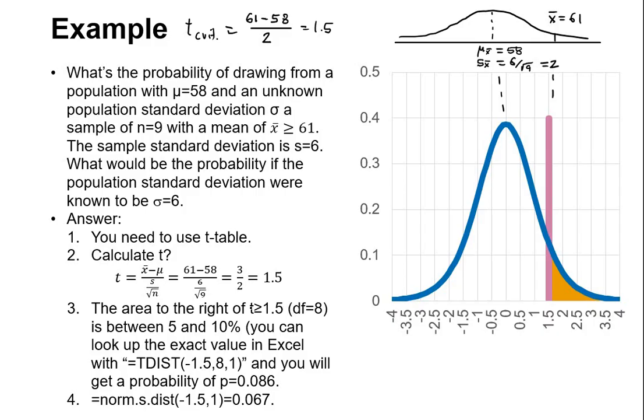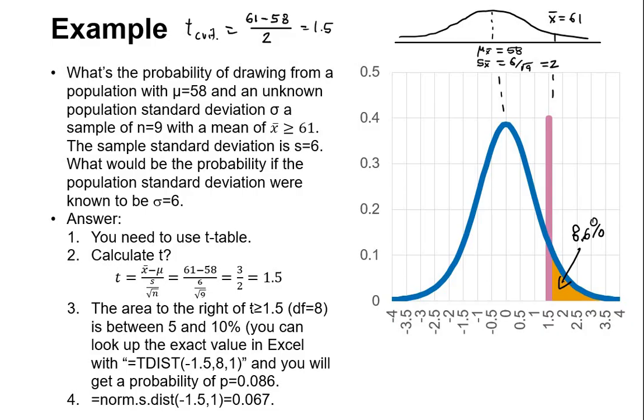And then Excel wants to know, is it cumulative? Do we want the area, or do we just want the value on the y-axis? No, we want the area, so we enter a 1. And now we get the probability of 8.6%. So this area here is roughly 8.6%. And of course, that is indeed between 5 and 10%, as we have seen from the t-table. But this is much more accurate than knowing it's between 5 and 10.